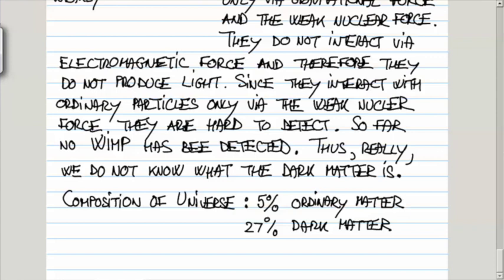And everything else, nearly 70%, 68%, is something that was invoked only since the late 90s in order to explain the acceleration in the expansion of the universe, called dark energy. Okay? And we don't know only what dark matter is, but we have no idea what dark energy is. So when you think about it, what we really understand today of the universe is only 5%. There is a lot of stuff that we still need to discover.